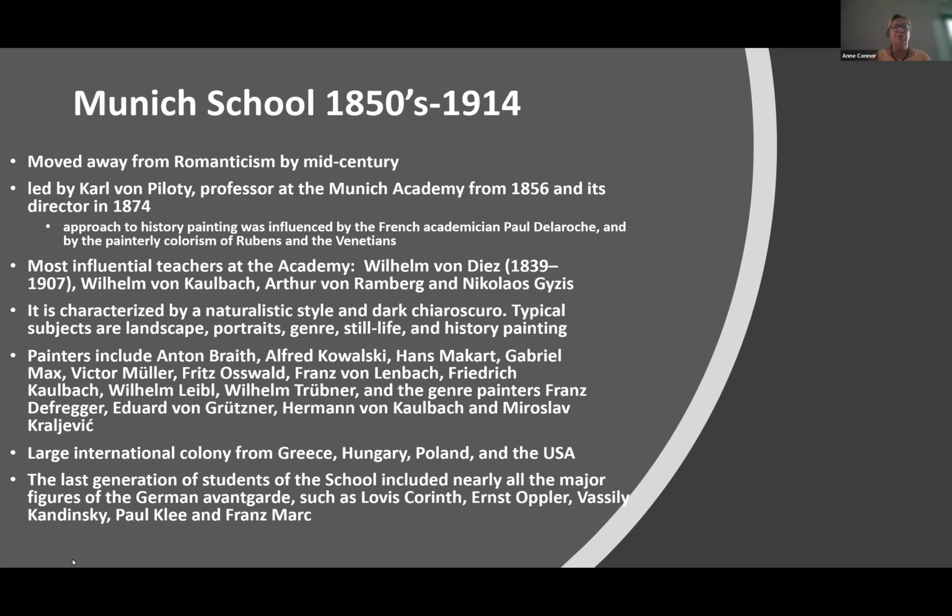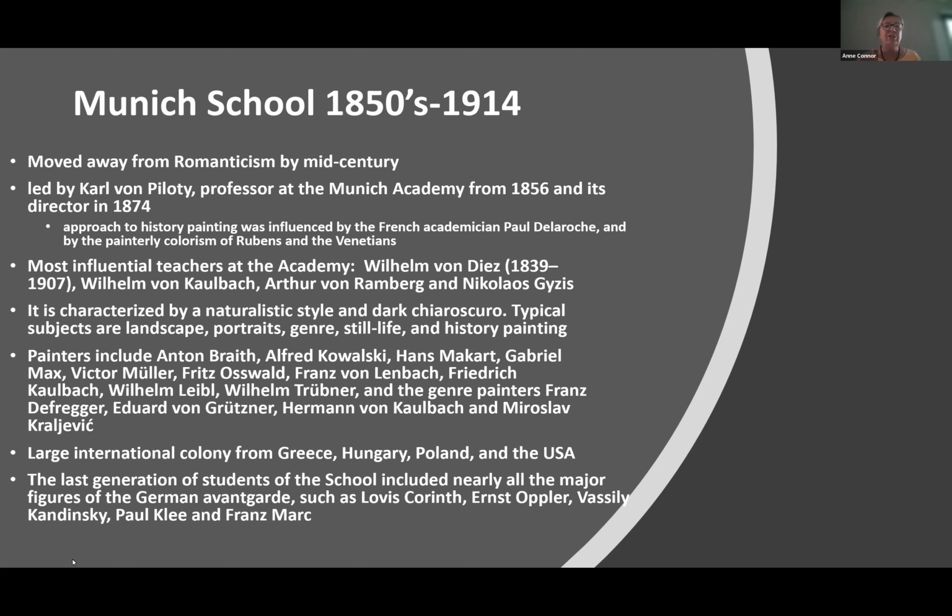The approach to history painting was influenced by the French academician Paul Delaroche and by the painterly colorism of Rubens and the Venetians. And you always have these types of influences coming from the main teachers. How they've been influenced, they're going to themselves project on their students.